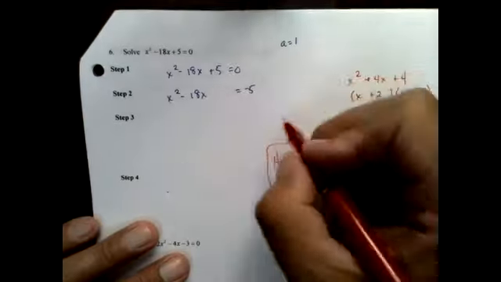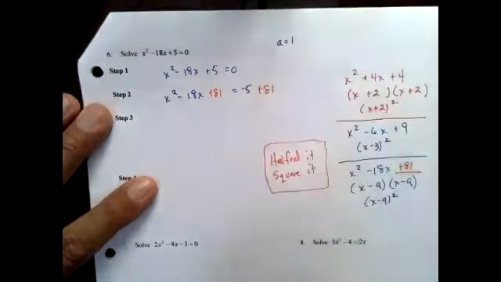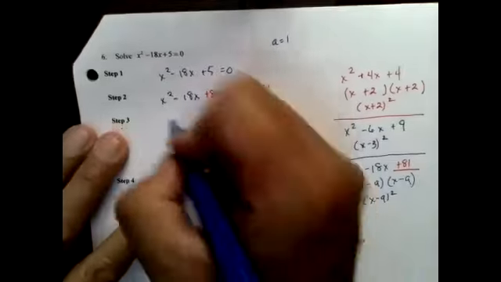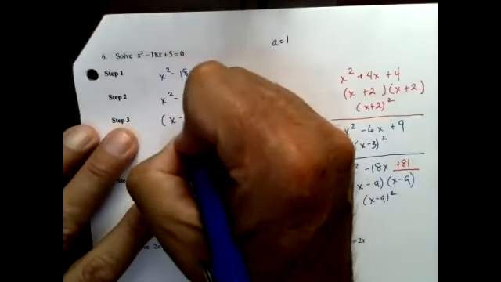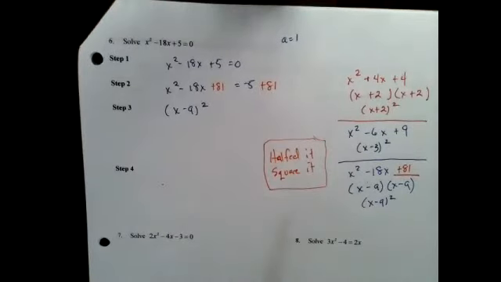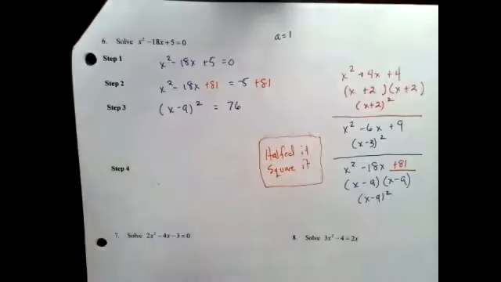I'm going to square it, I'm going to add 81 to this side, and I'm going to add 81 to that side. So now my step 3, when I factor this, I'm going to get that perfect square. X minus 9, x minus 9. Over on the right side, 76 trombones will lead the parade.